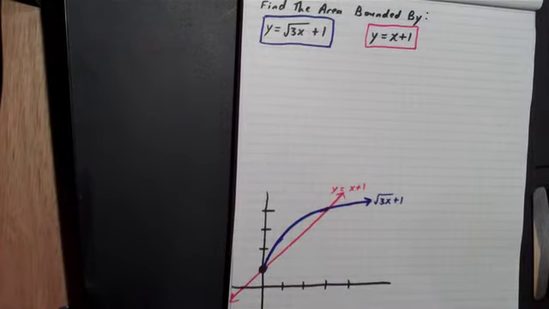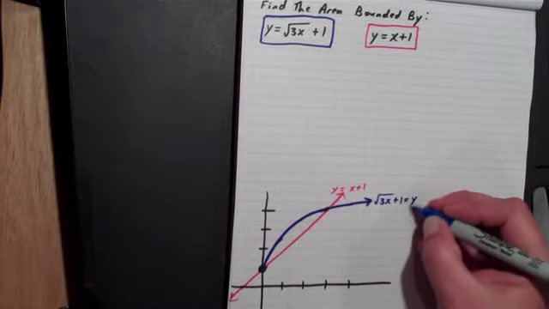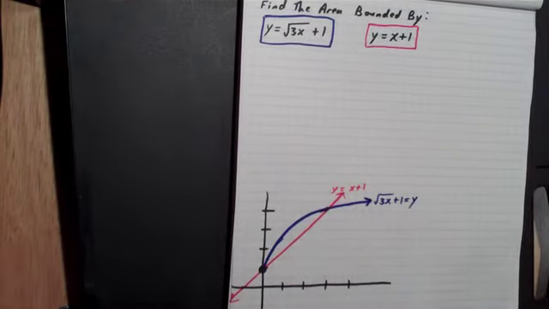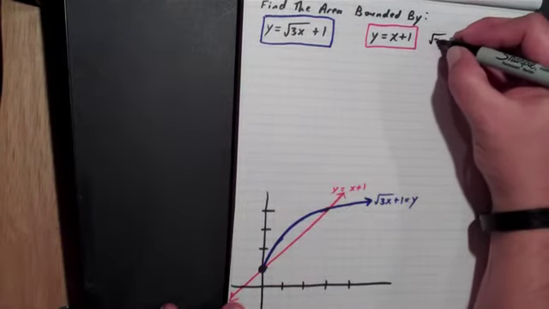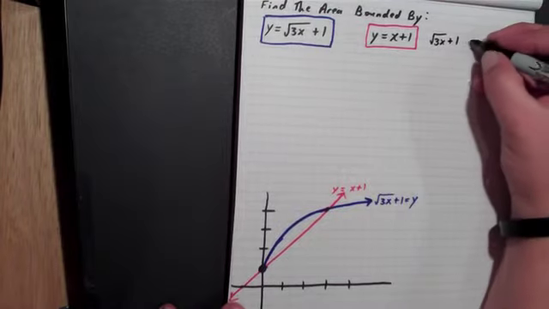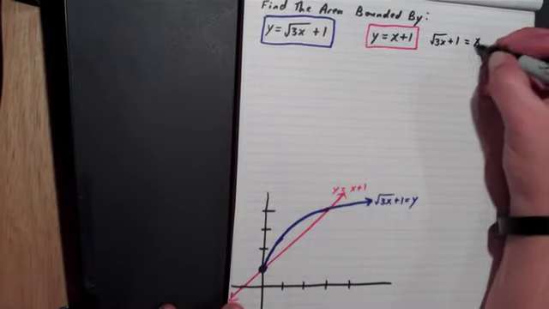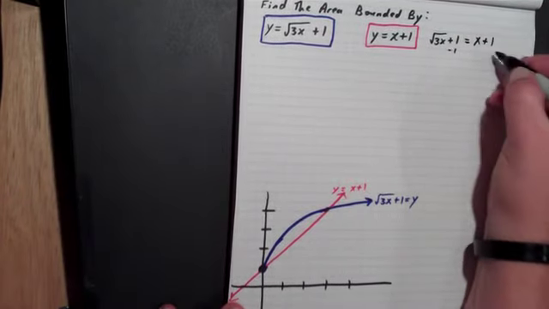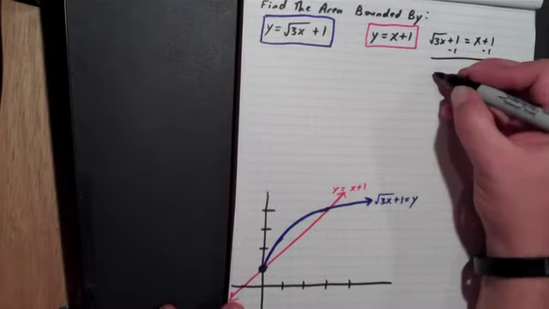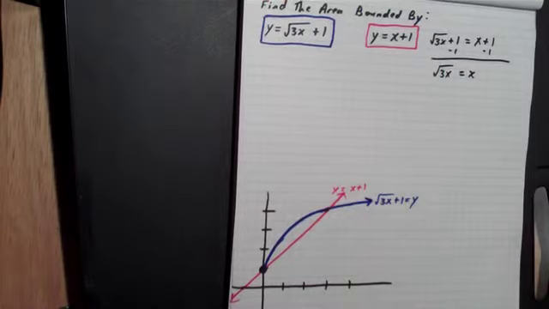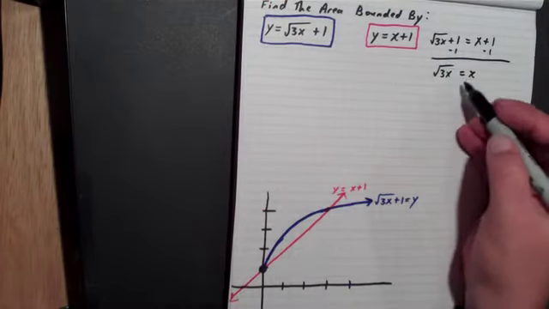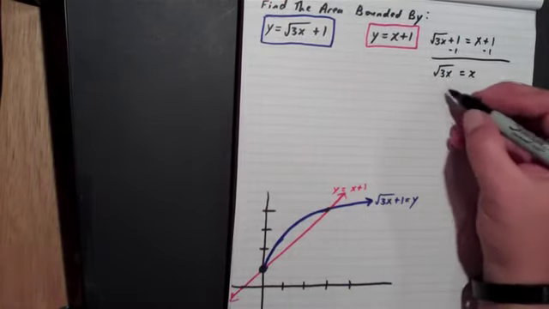Now, if I wasn't persistent enough to plug in enough points to find where they meet, you can always set them equal to find where they meet. So I could take the square root of 3x plus 1 and make it equal x plus 1. If I subtract 1 from both sides, I'd have square root of 3x equals x. To get rid of a square root, I square both sides.